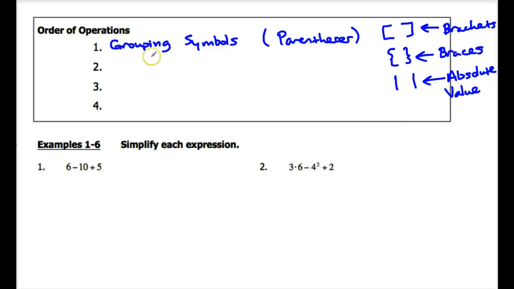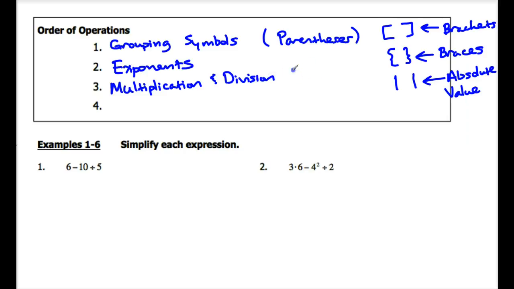Then once we do what's inside the grouping symbols, we go to our exponents next. So you do any exponents you have after you've done what's inside the grouping symbols. Once exponents are done, then you go ahead and you do multiplication and division from left to right.